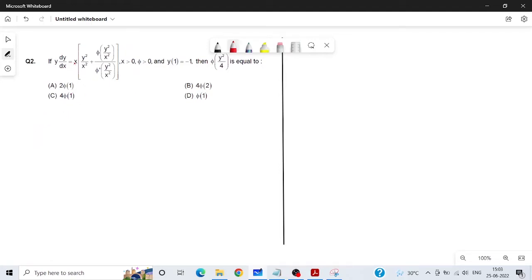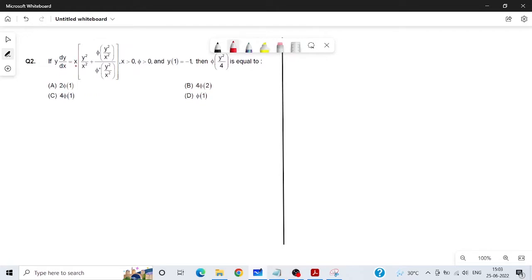By observation you can see that it is a function of y by x. It's one of the standard ways of solving a differential equation. If it is a function of y by x, we do the substitution y by x equals v.